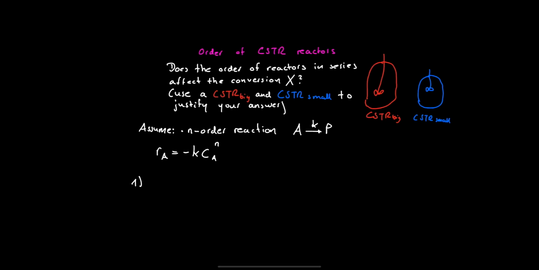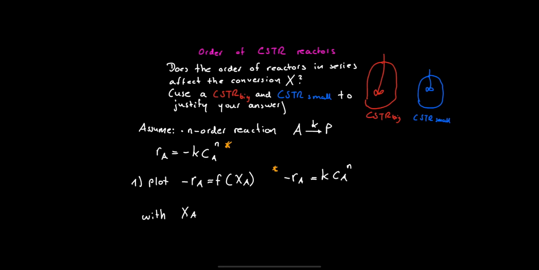So the first step will consist in plotting the reaction rate, negative RA, as a function of the conversion of the species A. And we can rearrange it by multiplying with negative 1, to negative RA being equal to K times the concentration of the species A elevated to n.